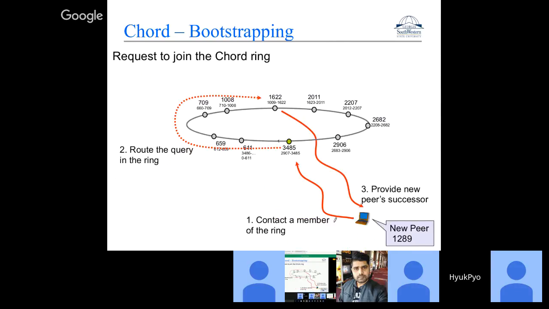For bootstrapping, if a new peer has a specific IP address, with SHA encryption it will be converted to 1289, and then it will contact the existing network and find if there is an empty position for 1289, and this client will be managing this space for other clients.